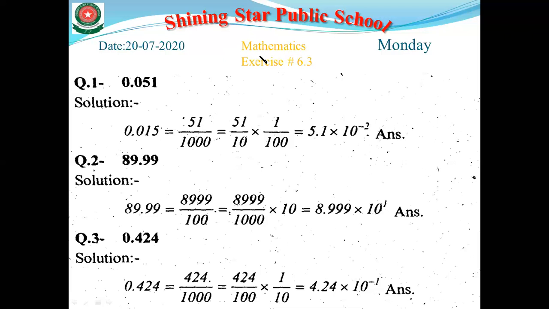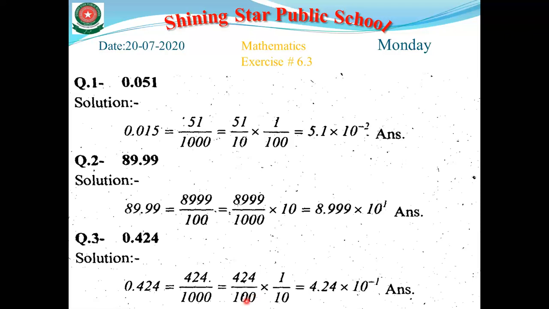Now, when we remove the point, we write 424 divided by 1000. Now we know that when we write 4.24, after the point we have 2 digits. So that's why in the denominator we must have 2 zeros, so we write 424 divided by 100.